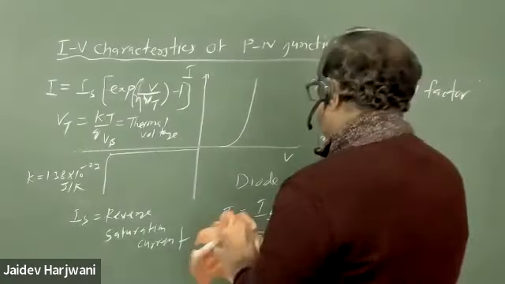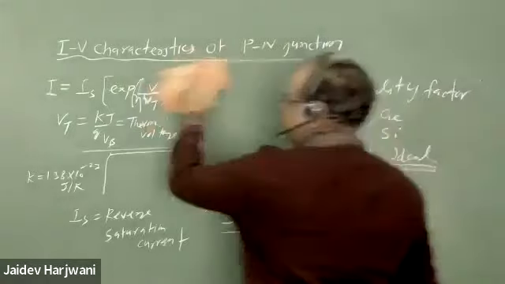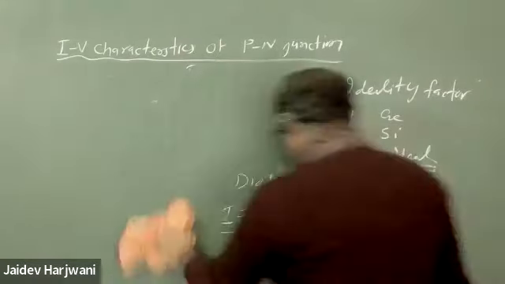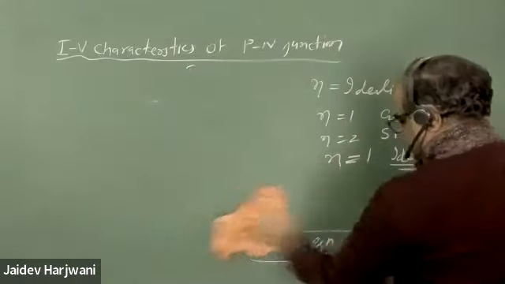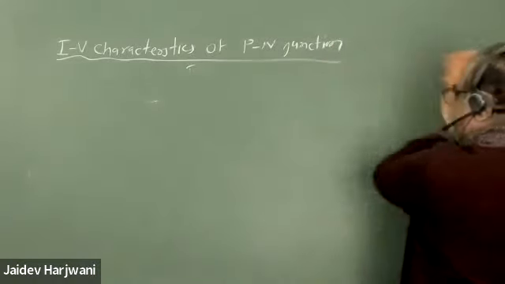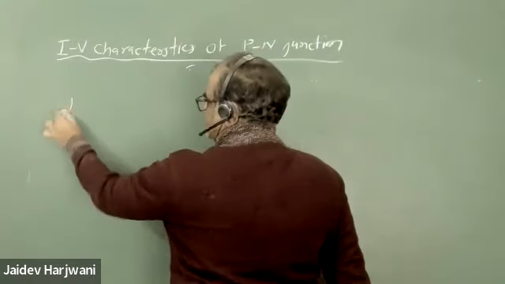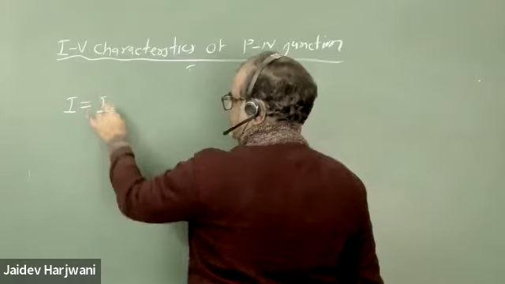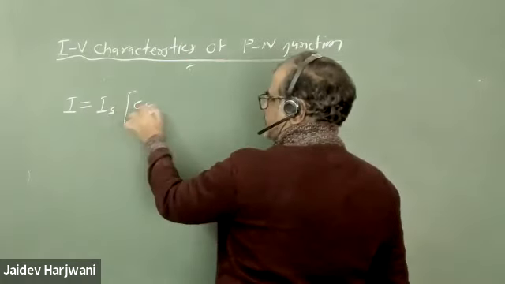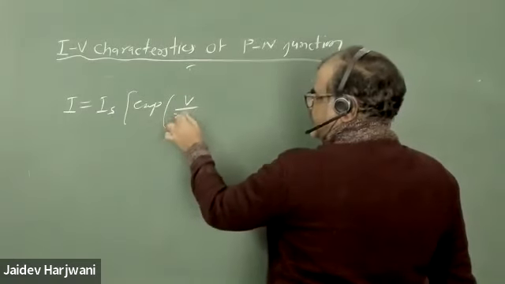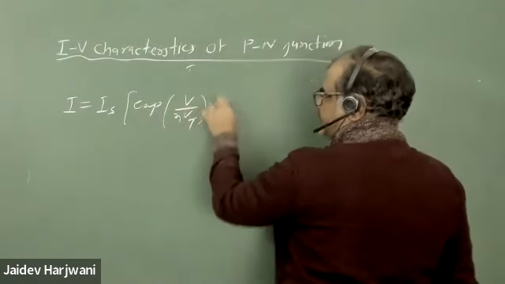Now let me discuss this IV characteristics with the help of this equation. So I have I equals IS exponential of V upon eta VT, minus 1.